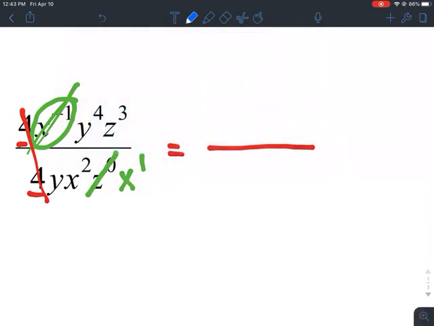Then I've got my y's. So remember, if there's nothing there, it's a 1. 4 minus 1, so there's more y's on the top. So the y's are going to stay on top, and then I subtract. So 4 minus 1 is 3, so I have y to the 3rd power on top.